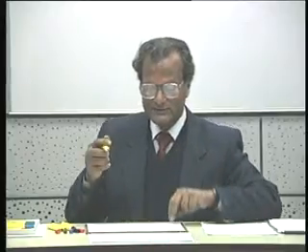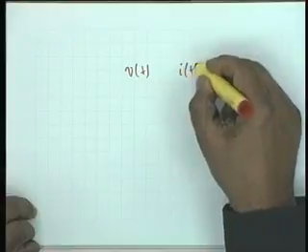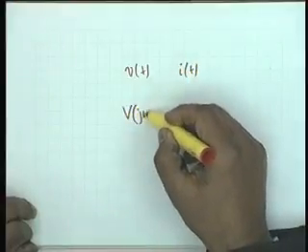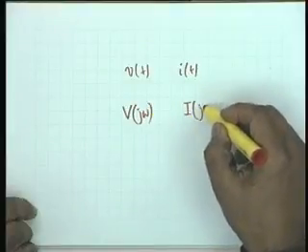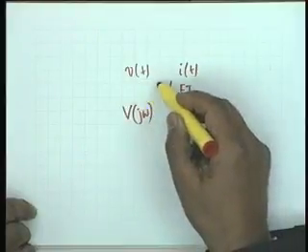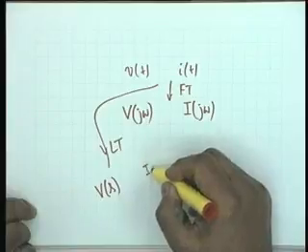The signal v(t) or i(t), as I said, can be transformed to capital V of j omega or capital I of j omega if we take the Fourier transform, or if we take the Laplace transform, then capital V of s, capital I of s.